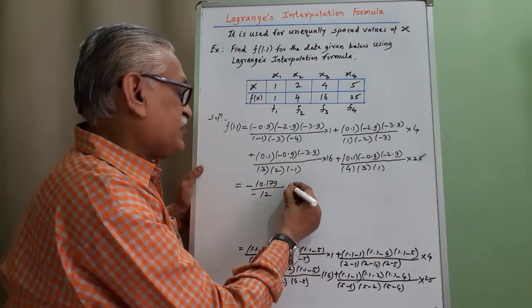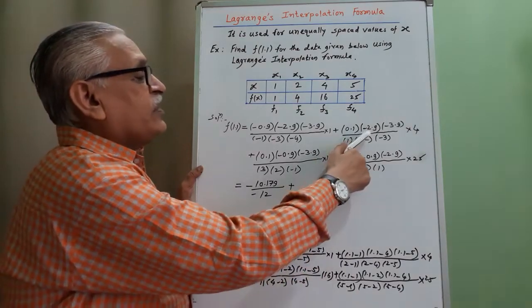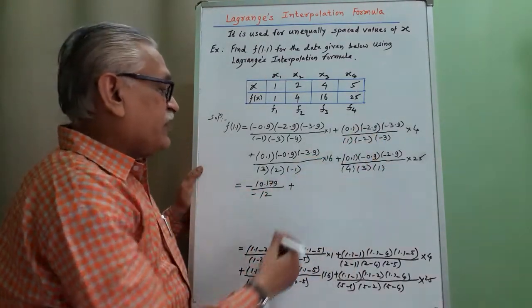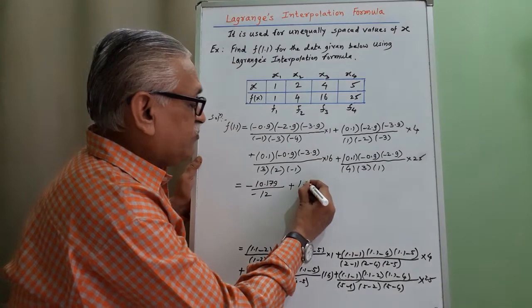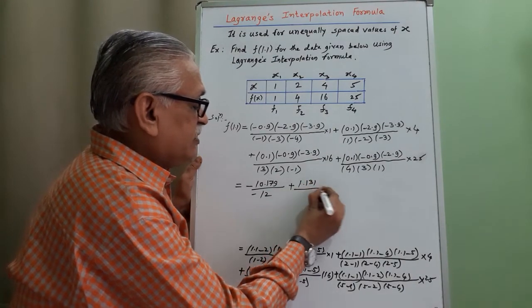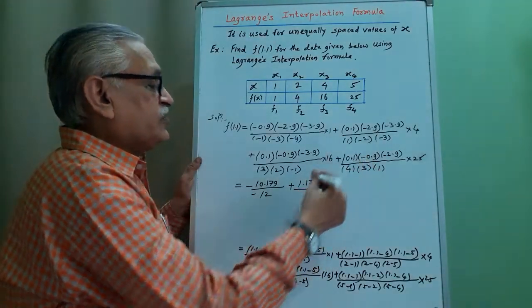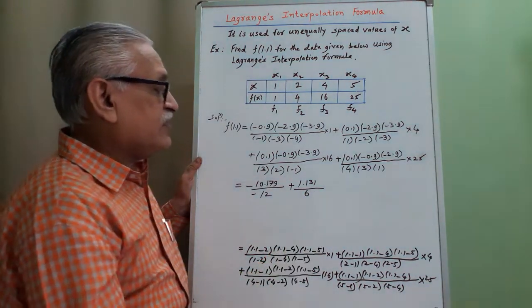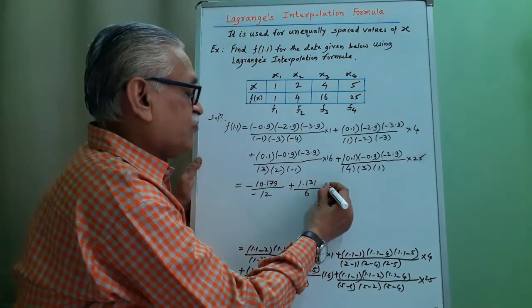Minus minus becomes plus. 0.1 into 2.9 into 3.9 is 1.131, divided by 3 times 2, that is 6, into f2, f2 is 4.